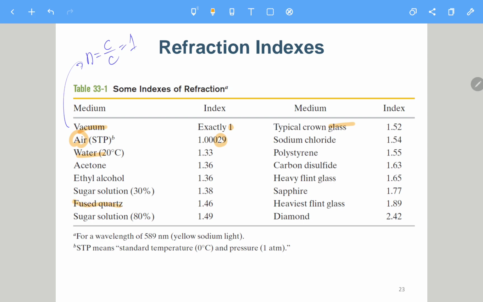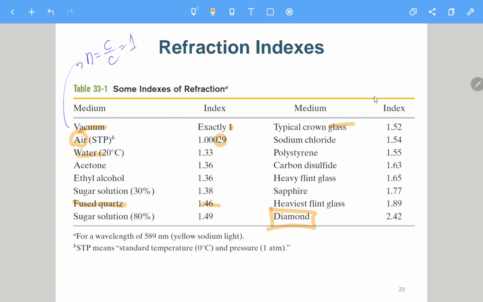And for the quartz, 1.46. And then here, for the diamond, ladies should like the diamond. For the diamond, the refractive index is 2.42, so it has quite a lot of total internal reflection.